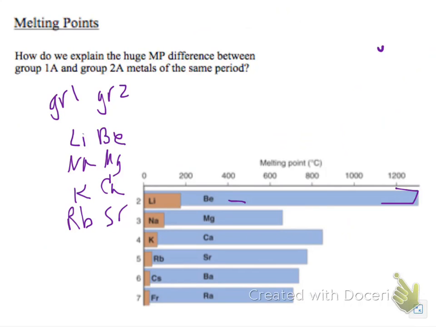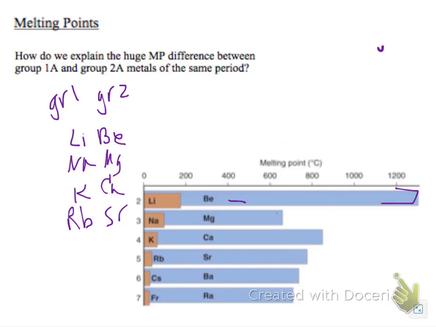You can see that in all cases, within a period, the element with one valence electron has a relatively low melting point compared to the element beside it in group 2 with two valence electrons.